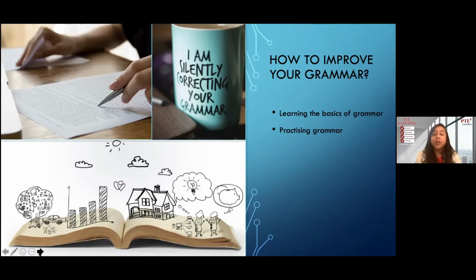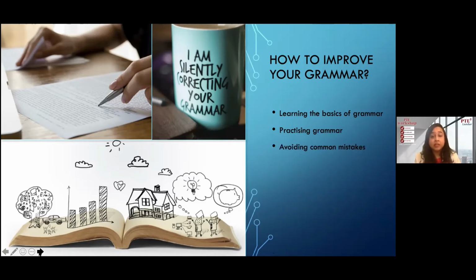Wherever you are, whenever you have a chance or opportunity, start speaking in English using all the new rules that you have just learned. Otherwise, you will just keep learning and forgetting. If you don't implement those things in your everyday life, you will forget it. So the first step to improve your grammar is to learn it, then implement those rules in our everyday life.